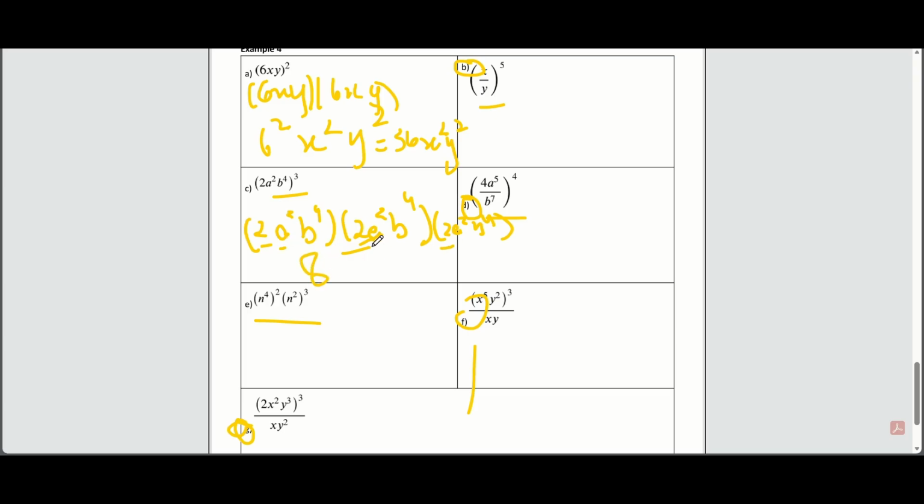And then we have A to the power of 2 three times, which gives us A to the power of 6, because it's the same base getting multiplied, which means the exponents are added. And then B to the power of 4 is repeated 3 times, so 4 plus 4 plus 4. So 8 A to the power of 6 B to the power of 12. Awesome.